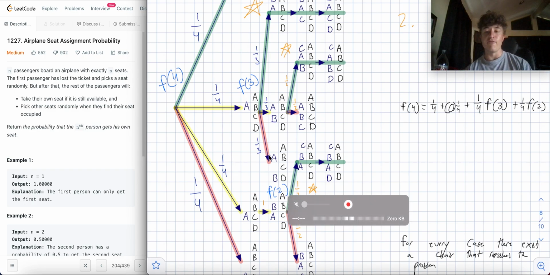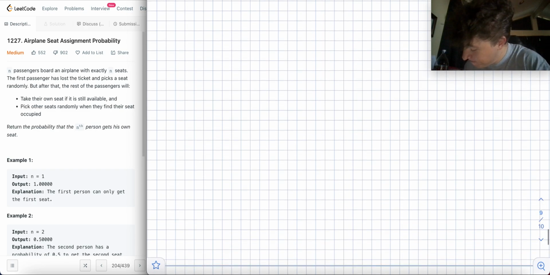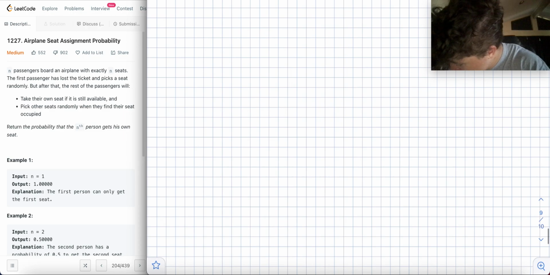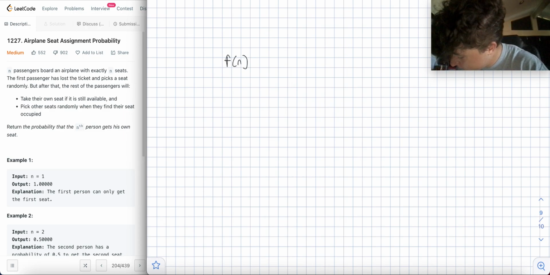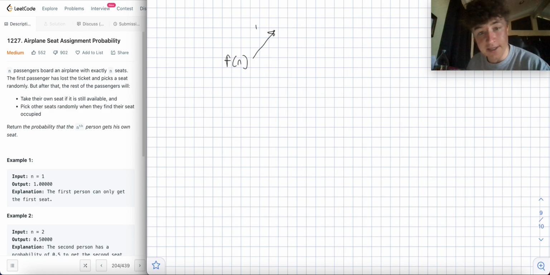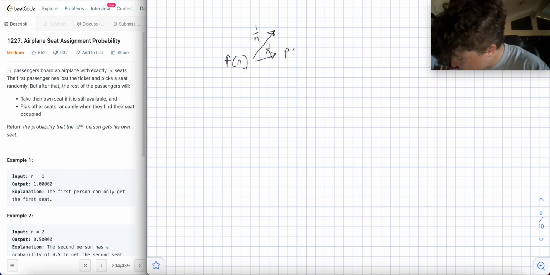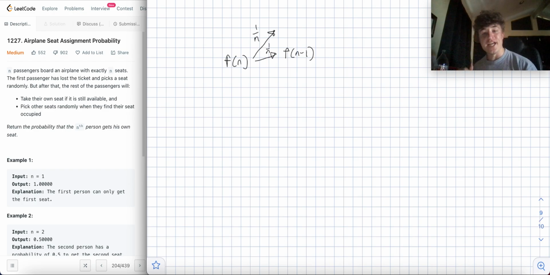Okay, so it seems like for any case F of n, if you choose the first seat, it works out, and that happens with 1/n chance. If you choose this seat, that happens with 1/n, but then the very next seat, you're going to have to consider branching out.